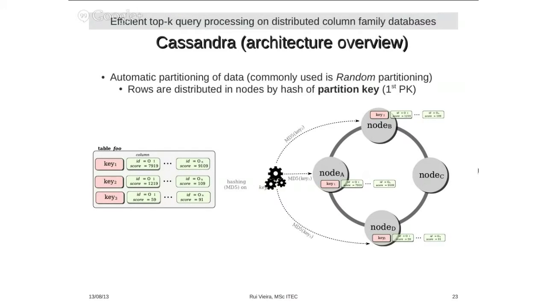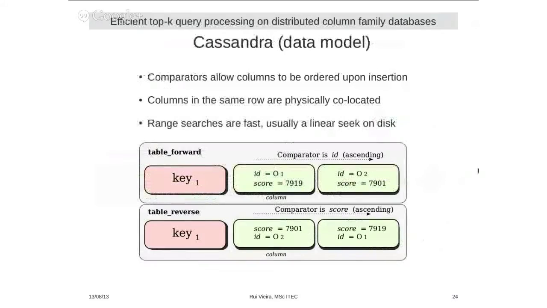And the hash of that partition key, in pink, will determine in which node the row will be. The crucial thing to remember in Cassandra is that each row will be physically co-located in one single node. So even though we might have a table which is partitioned all over the nodes, each single row will definitely be located in a single disk or in a single node.